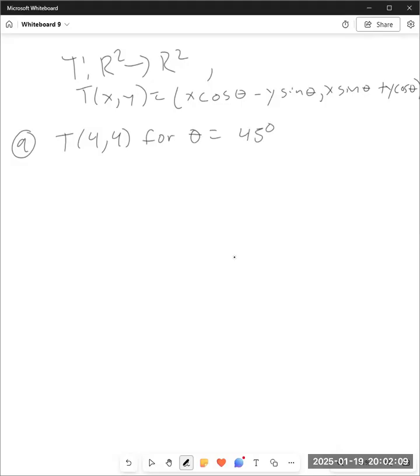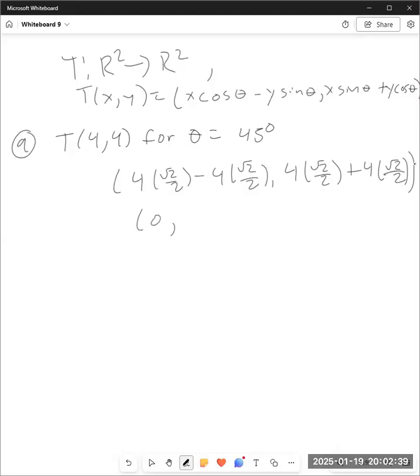So that's going to be equal to 4 root 2 over 2 minus 0, comma, 4 root 2 over 2 plus 0. And that's 4 root 2 over 2, which is 2 root 2.